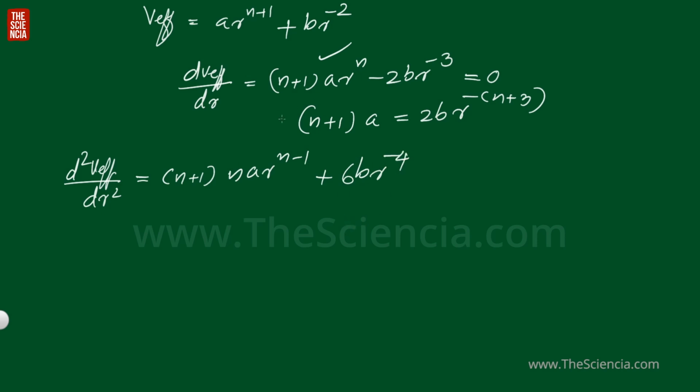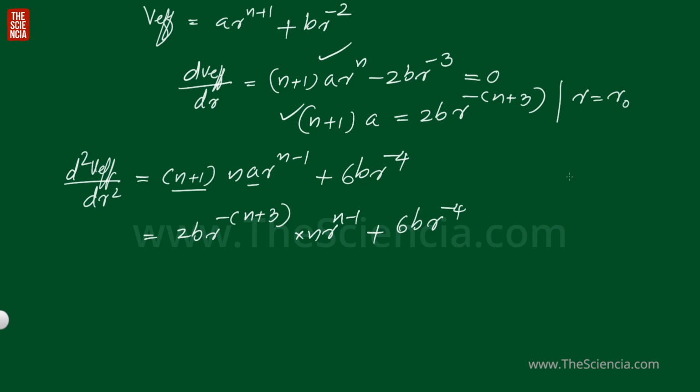Now we have to substitute this condition in this equation. Here you can see (n plus 1) a can be replaced by 2b r raised to minus n plus 3, into n r raised to n minus 1 plus 6b r raised to minus 4. From this equation we got the equilibrium value of r, that is r equal to r0.